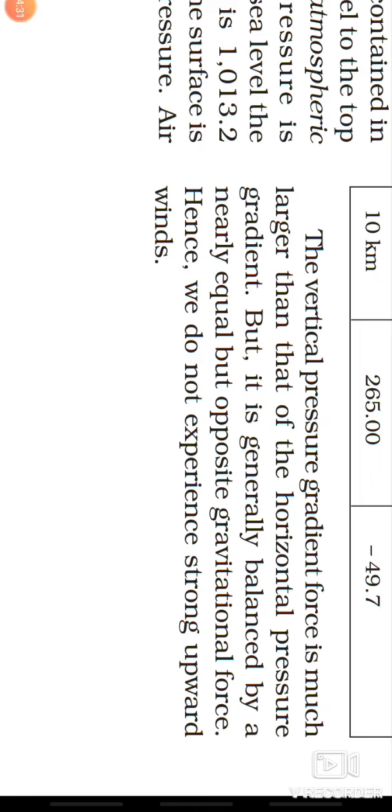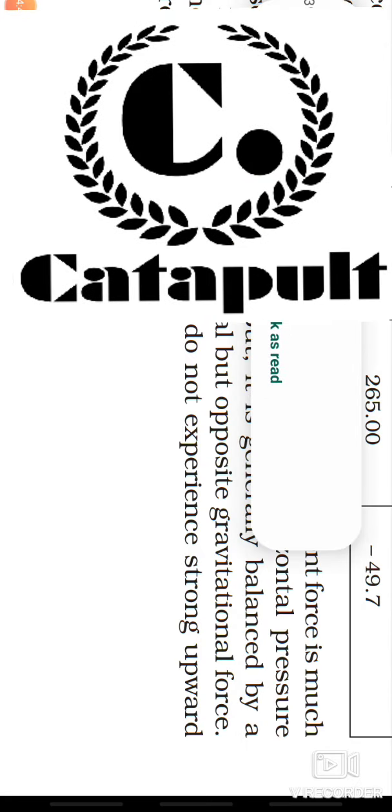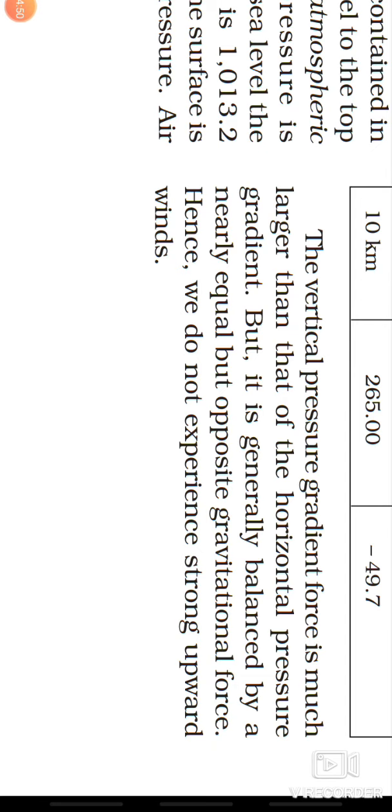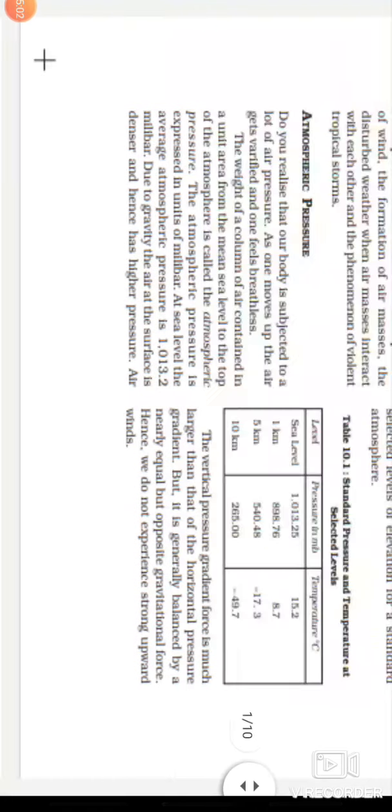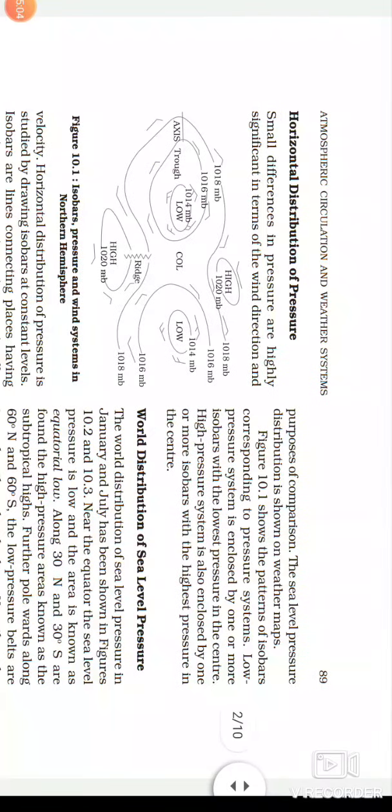We are not observing any wind which is vertically overhead and trying to push us downwards. Rather we experience that the wind is trying to push us forward or backward in a horizontal manner, not in a vertical manner. Okay, so this is because the vertical gradient force is much larger than the horizontal pressure gradient.